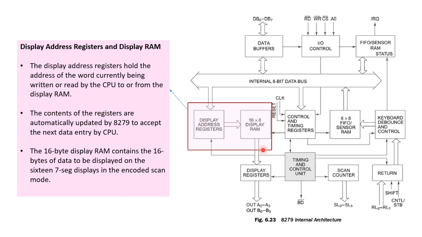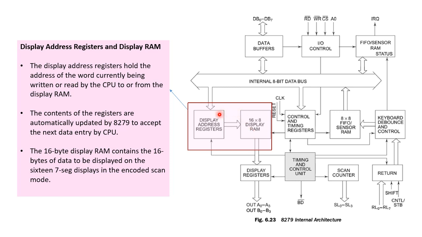This is the next section. In this section, we have the display address registers and a 16 by 8 display RAM. The 16 byte display RAM contains the 16 bytes of data that is to be displayed on the 7 segment displays.